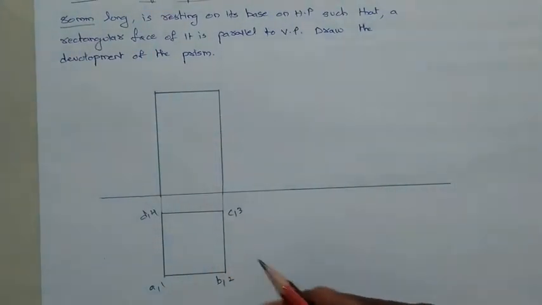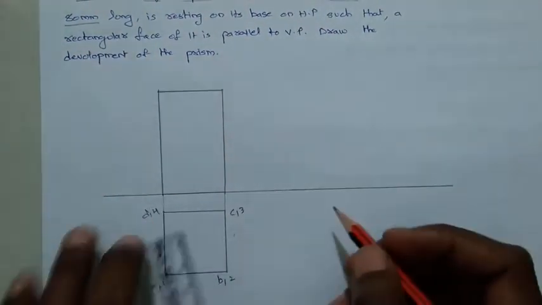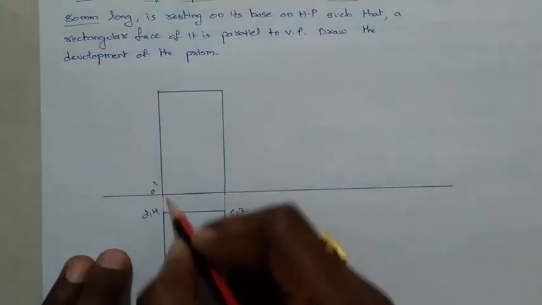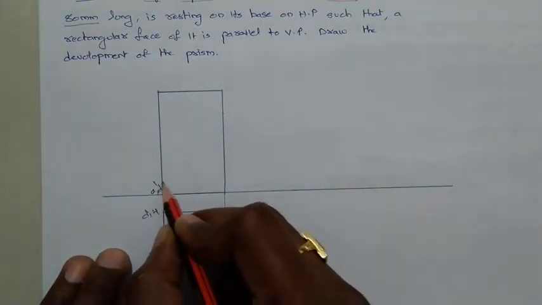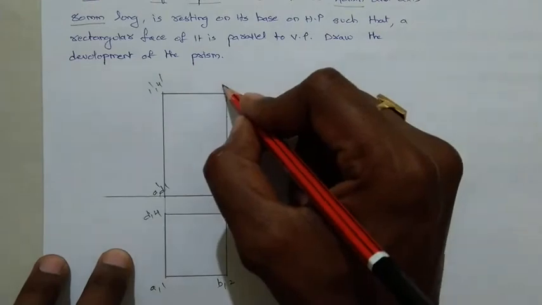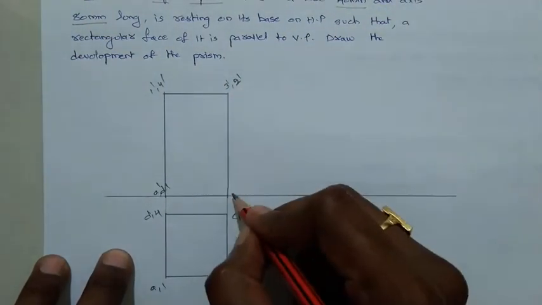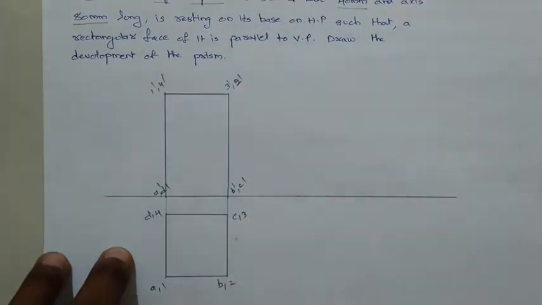Right, this is completed and this is the bottom. So let us assume this is A dash, and here we have D dash, and 1 dash and 4 dash will be lying upwards. It is the front view. And here you can write 3 dash, 2 dash, and this is B dash, C dash.